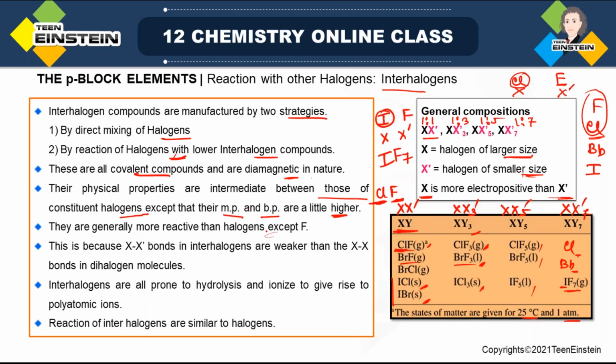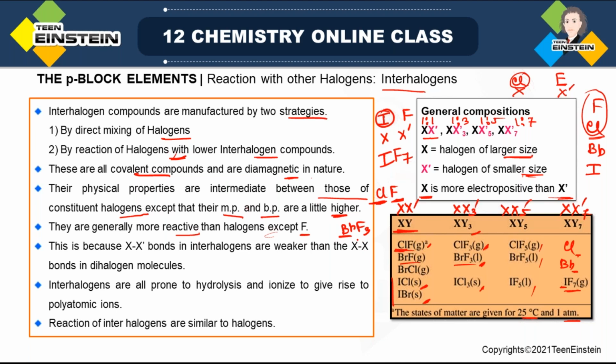Now, if we compare reactivity with the actual halogens, they will be more reactive, except fluorine, because fluorine itself is very highly reactive. So remember, suppose you have the compound BrF3. The individual halogens are bromine and fluorine.